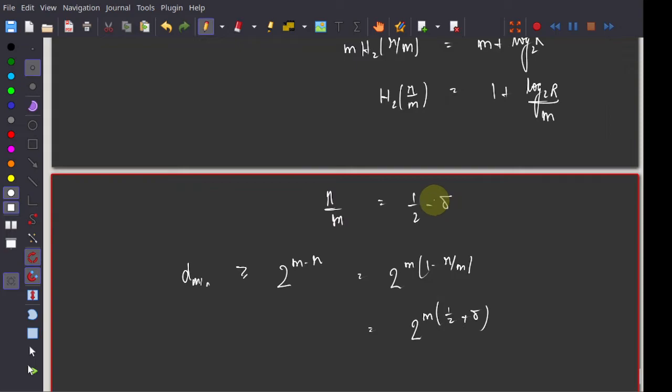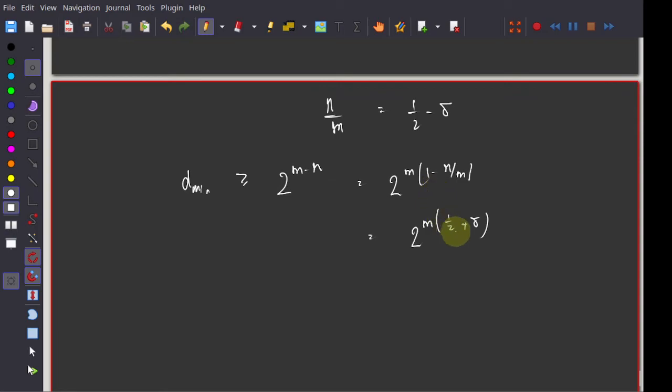So r by m approaches half as m tends to infinity. If I plug that in, I get half minus delta. So this is 2 raised to m into half plus delta, which is 2 raised to m delta.